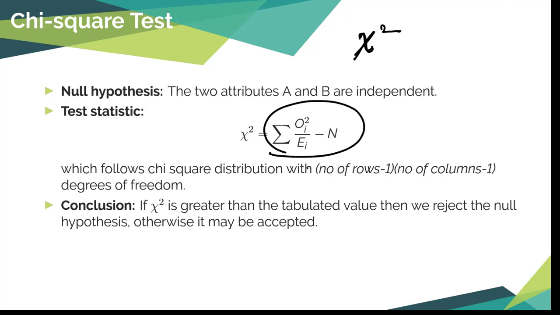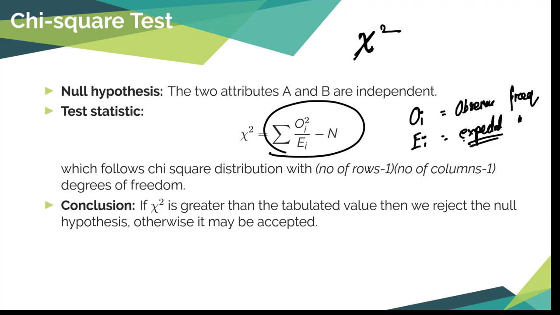The formula is the summation of (Oi minus Ei) whole square by Ei, where Oi are called observed frequencies and Ei are called expected frequencies. Observed frequencies are those frequencies which are given in the question. Ei is the frequency that you will calculate, right?